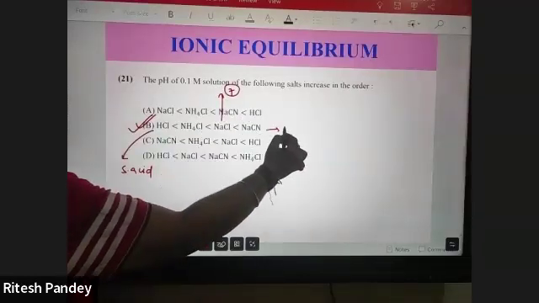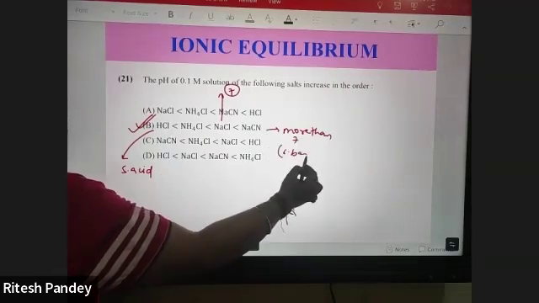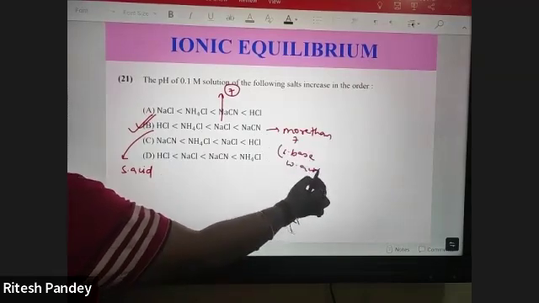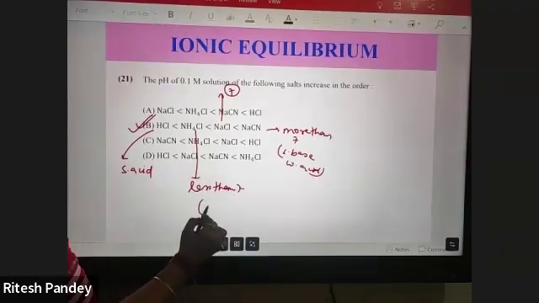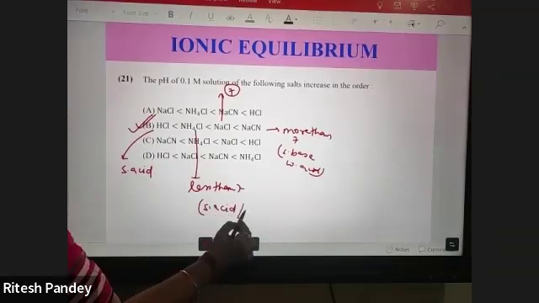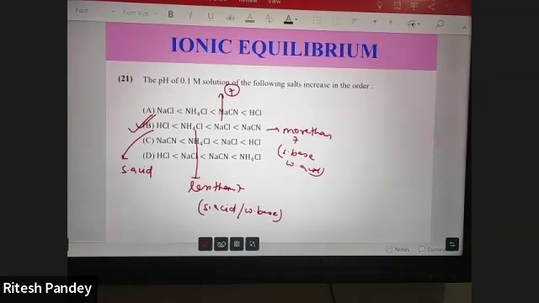NaCl will be 7. For this one, I reckon it's more than 7 because it's a case of strong base and weak acid. And for this one, I reckon it's less than 7 because it's a case of strong acid and weak base. I think this is self-explanatory. And you'll want at times to solve a problem as fundamentally as I've done in this case.